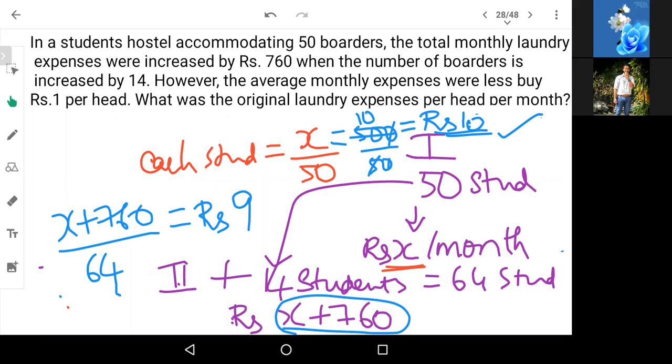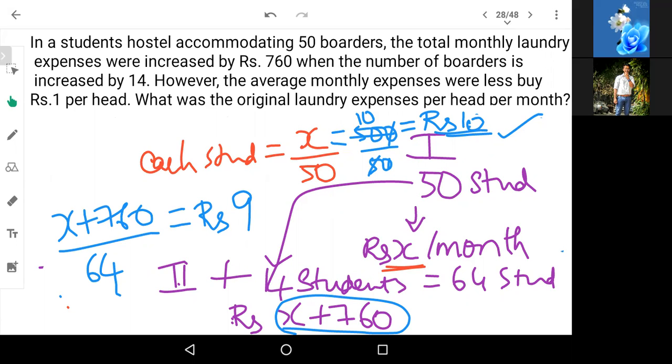Now if I take every student's amount, then for one student, when the number of students was 50, suppose it was 10 rupees, this is an example, now when it comes to 64 students, it will reduce by 1 rupee. So it might become 9 rupees here.